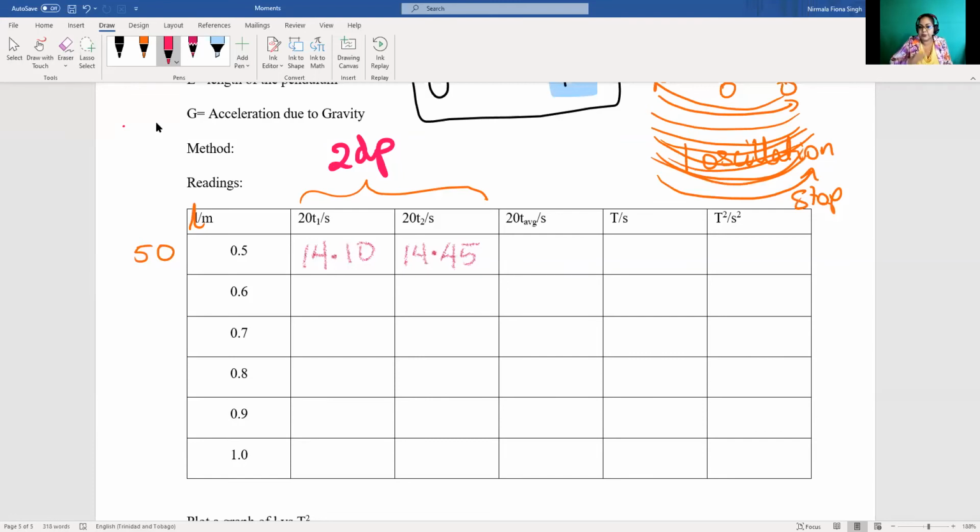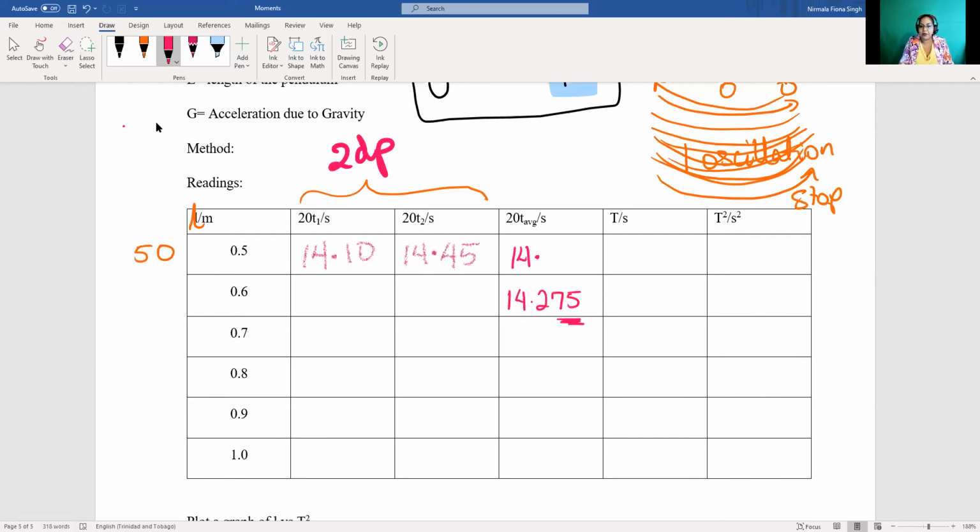Round it up to 2 decimal places. 14.28. The actual answer is 14.275, but we want to round this up to 2 decimal places.